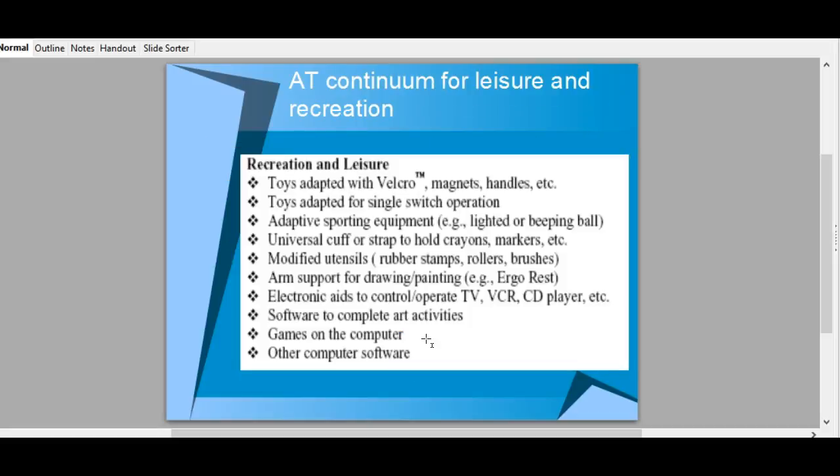Here is assistive technology continuum for leisure and recreation. The most simple ones are toys adapted with Velcro, magnet handles, and so on. There are a few companies that make, they don't call it accessible toys, they call it adapted toys for people who cannot, for example, push a little button or just use tiny little pieces of something, so they would put the handles on them.